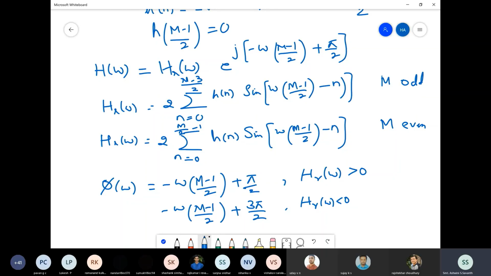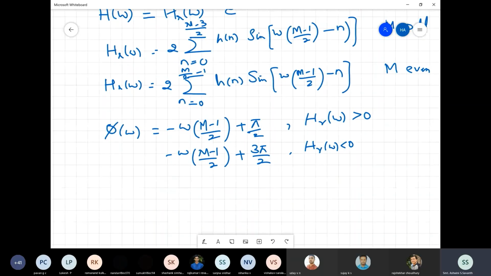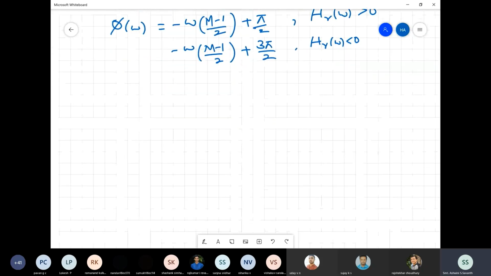Now coming to the problem of designing a filter. What is the procedure you're going to adopt to obtain the filter coefficients h of n? When I say filter coefficients, it's nothing but the h of n, the impulse response. There are several methods available, but what you're going to learn here is called the window technique of designing the FIR filter.